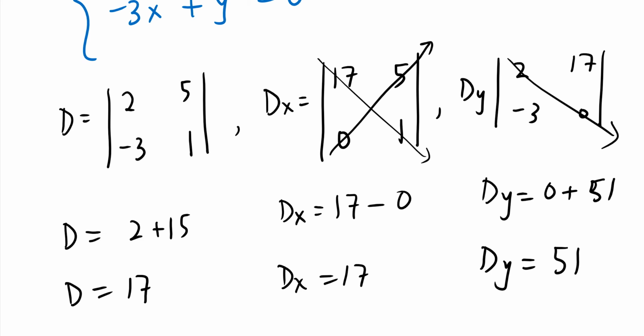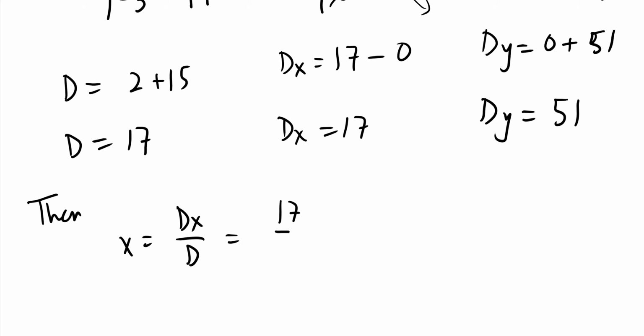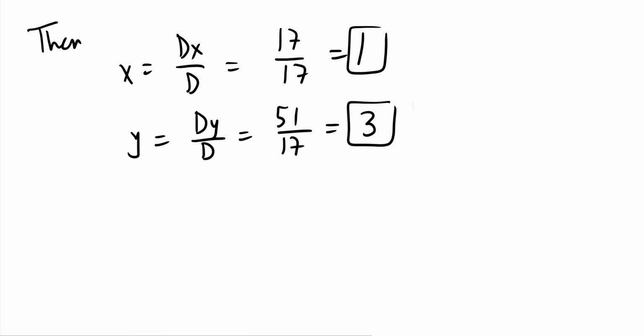After we found Dx and Dy, x is Dx over D, which is 17 over 17, that's 1. And y is Dy over D, 51 over 17, that's 3. So that's x and y. So Cramer's Rule is a method to help us solve a system of equations using determinants.